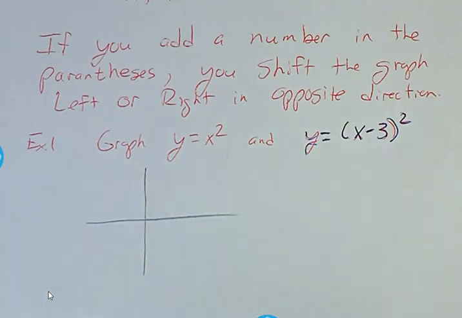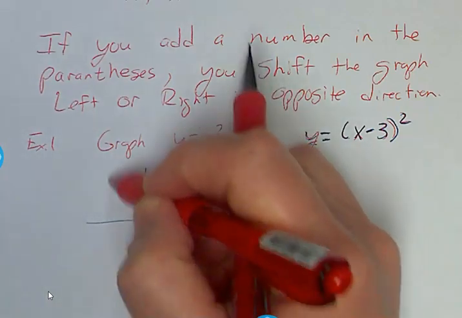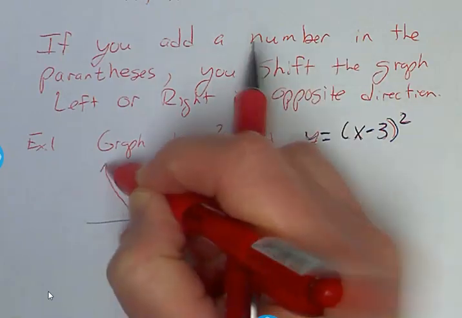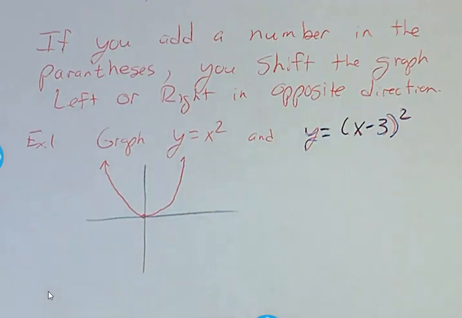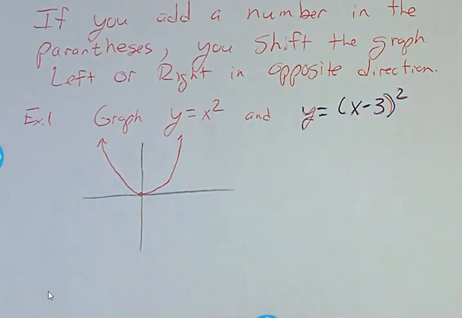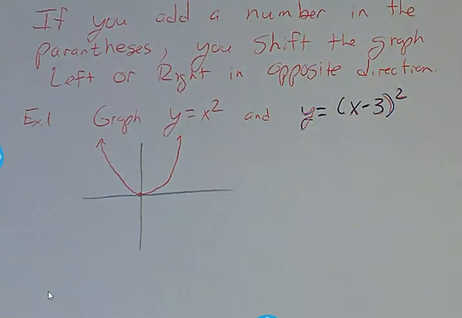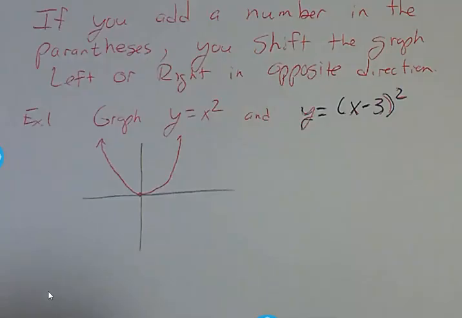Okay, so if you graph y equals x squared, it's going to be just like absolute value. You would start at 0, 0, and then you would have kind of a U-shaped graph like this. And just like with the absolute values that we just got finished doing, that's kind of why we were doing those, it's going to be the exact same thing.